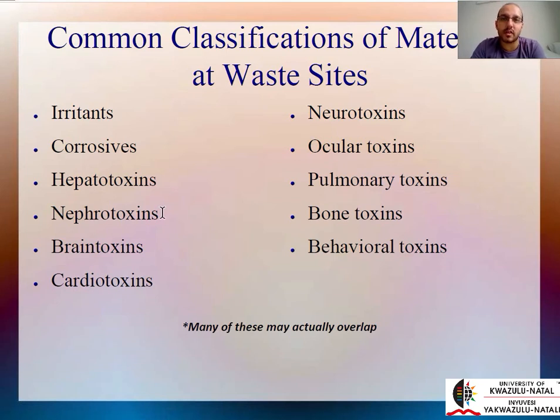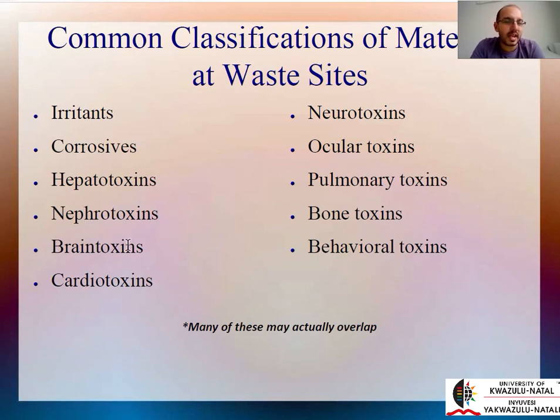It all depends on the dosage amount. In the case of nephrotoxins, there are many types of painkiller medications. So ibuprofen, for example, I'm sure you've heard of medicines like Nurofen. They contain ibuprofen. It's a fantastic painkiller, but if you take it at very high dosages, it can actually damage your kidney. It's toxic to your kidneys.